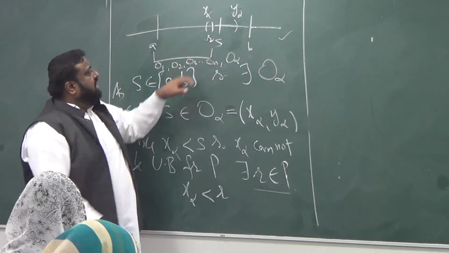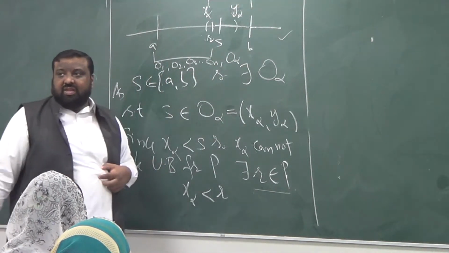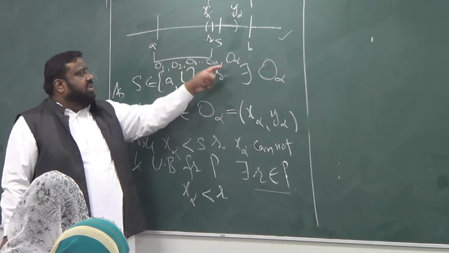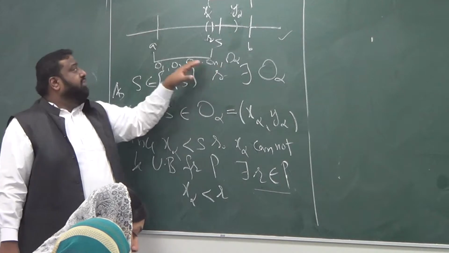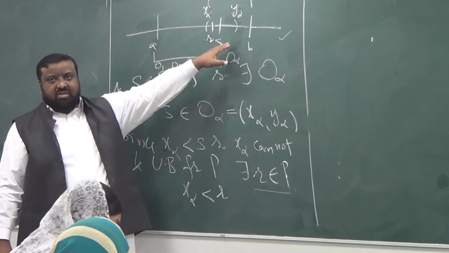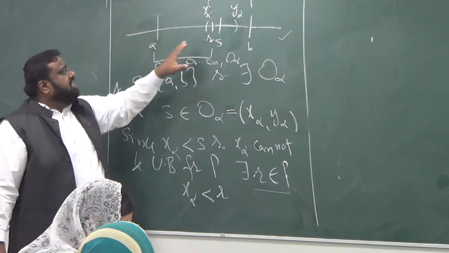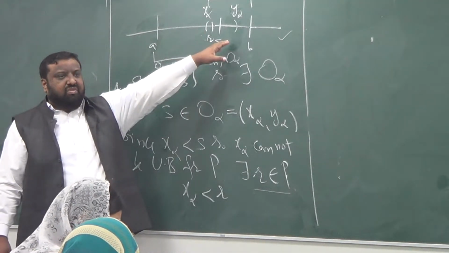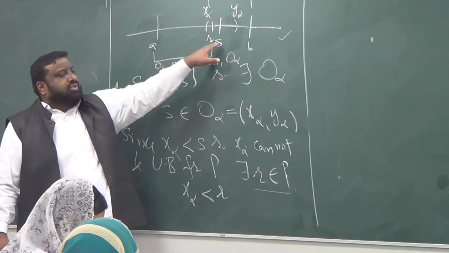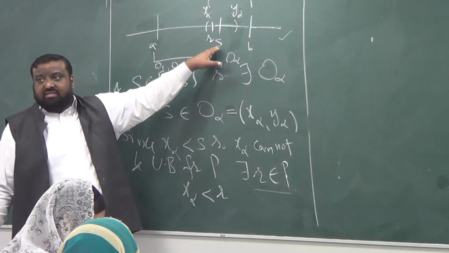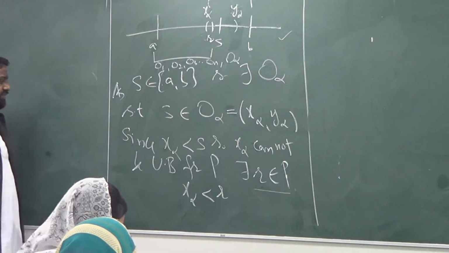O alpha is going to be things from here to here. So these n plus 1 are covering everything from A up to Y alpha, not B, Y alpha. And since this is covering everything from A to Y alpha, excluding Y alpha, it's going to cover also A to S, for sure, because S is in this interval. Are you getting the point?